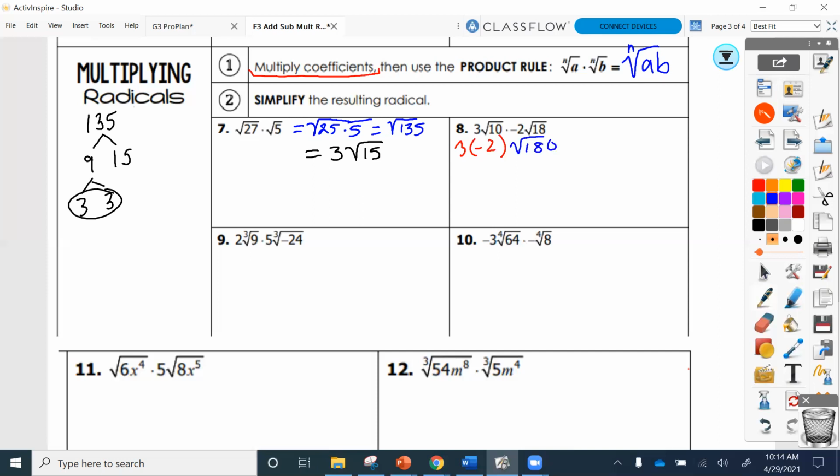Then you could use a factor tree on that if you like, or you could use two perfect square factors. So if we do a factor tree on 180, we know you're going to get 10 times 18.